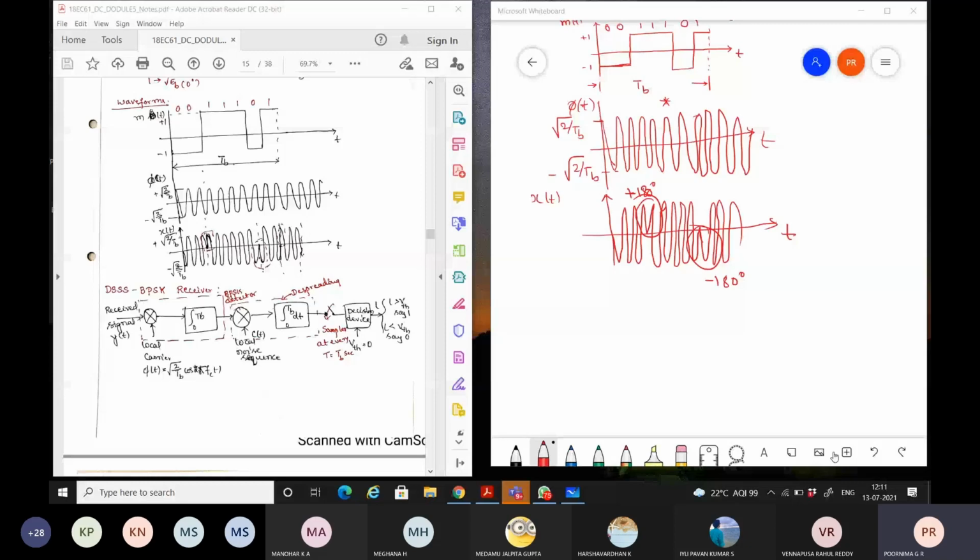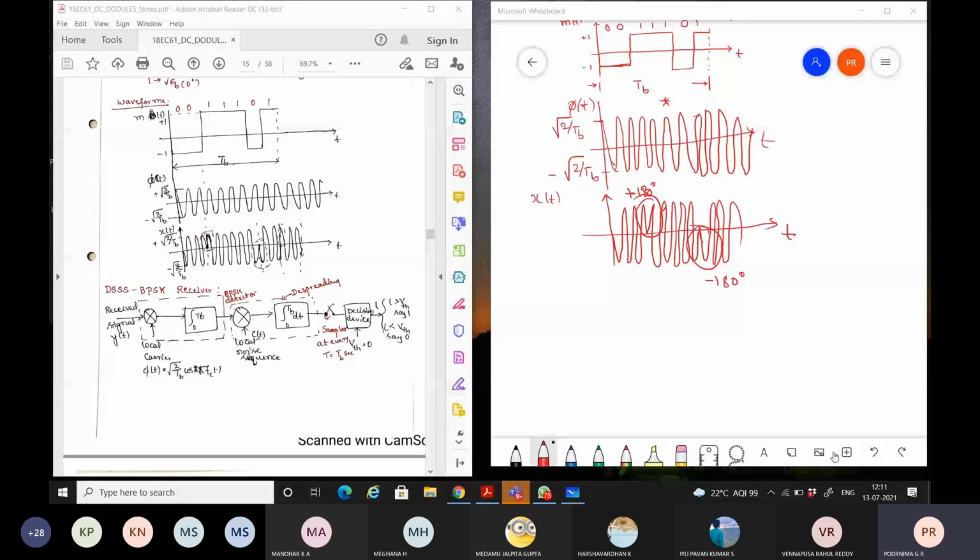So the first block at the receiver is the local oscillator, which is generating a local carrier synchronized with the transmitted signal, that is root of 2 by TB into cos 2 pi fc t.